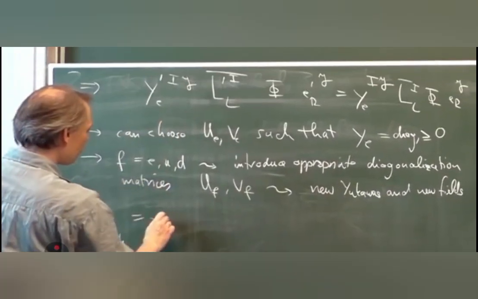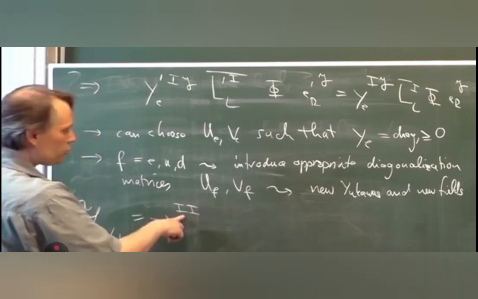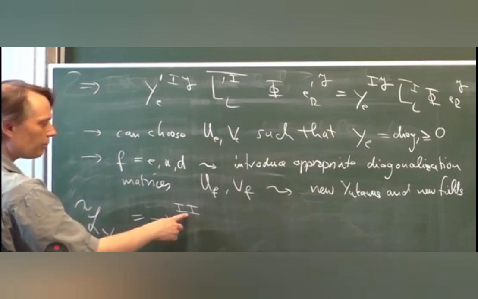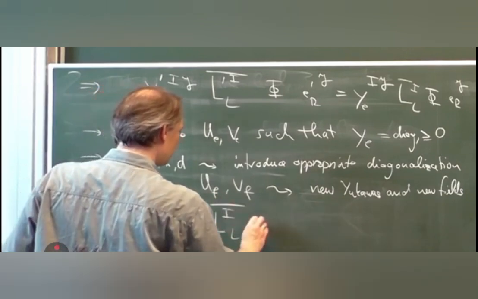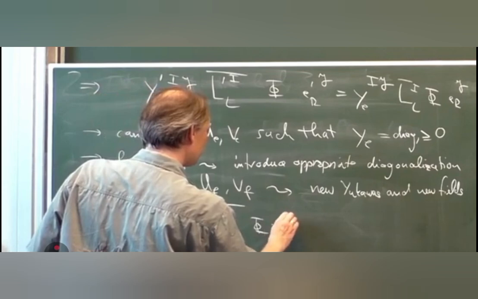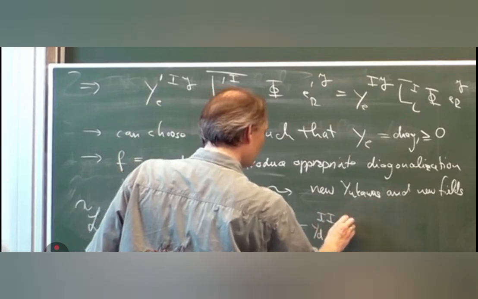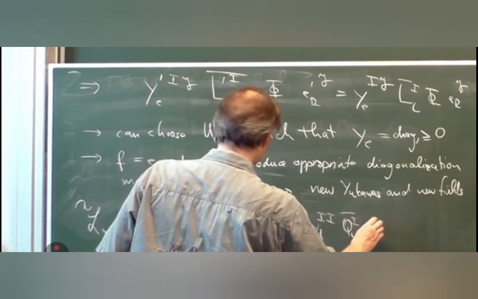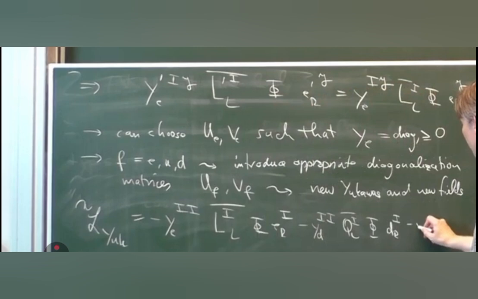It becomes minus YE without prime, which is now diagonal, so it only contains the diagonal element ii, times L without prime i bar phi ER i, plus the same for the quarks, YD ii QL i bar phi DR i, and the same for the up-type quarks, minus YU ii QL i bar phi tilde UR i.